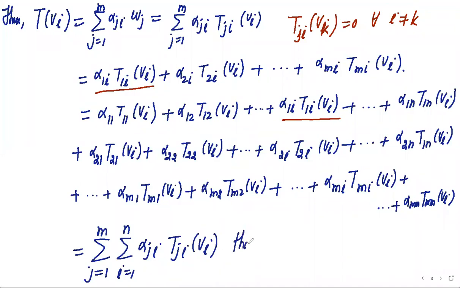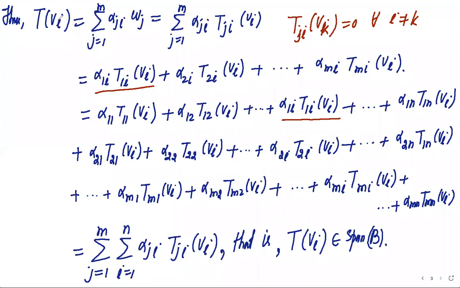So that is what we have done. We have shown that t of v_i belongs to the span of B. We chose t from L(V,W), and now we have chosen t of v_i from W. So any linear transformation t is actually the image of the linear combination of t_ji's. So t is equal to the linear combination of these things.